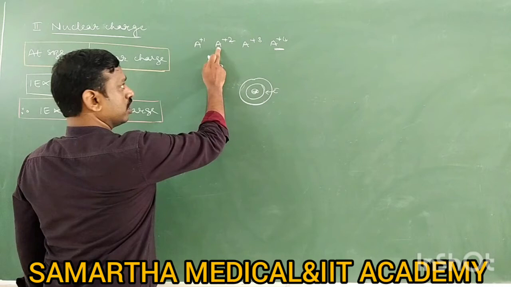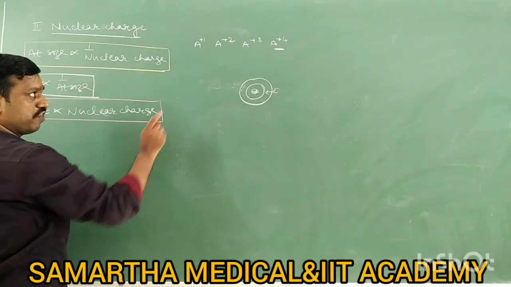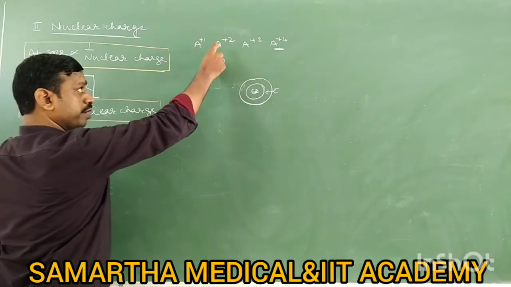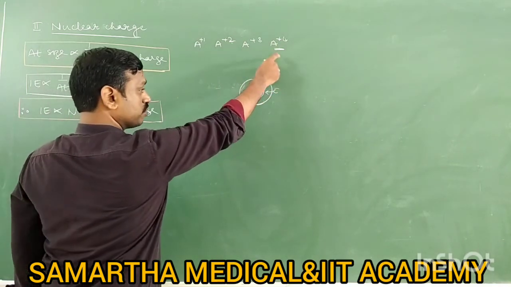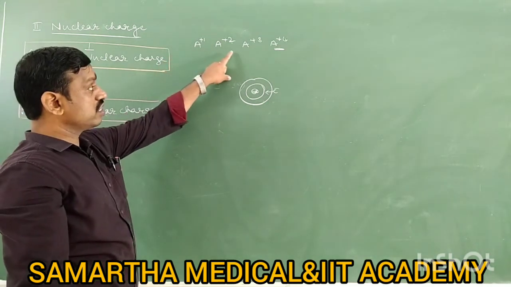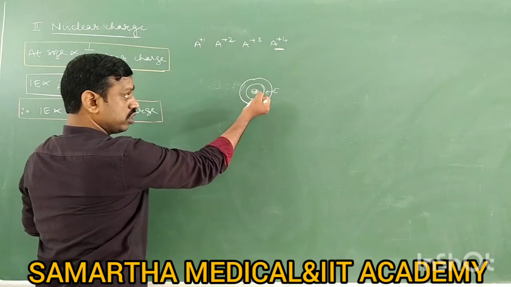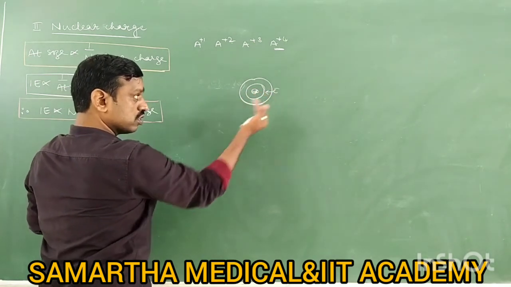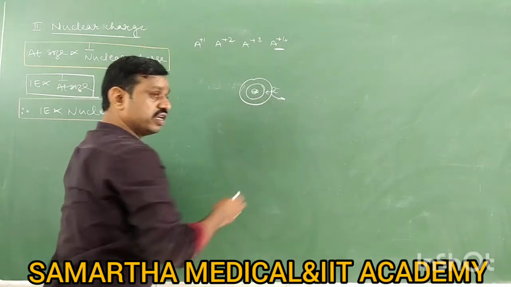Take A plus 1, A plus 2, A plus 3, A plus 4. The removal of an electron from A plus is a little easy. The removal of an electron from A plus 2 is difficult. For A plus 3 it is still more difficult, and for A plus 4 it is more and more difficult, because its nuclear charge increases. When the nuclear charge increases, the nucleus strongly holds the outermost electron, so removal of the electron from the outermost orbit becomes very difficult.